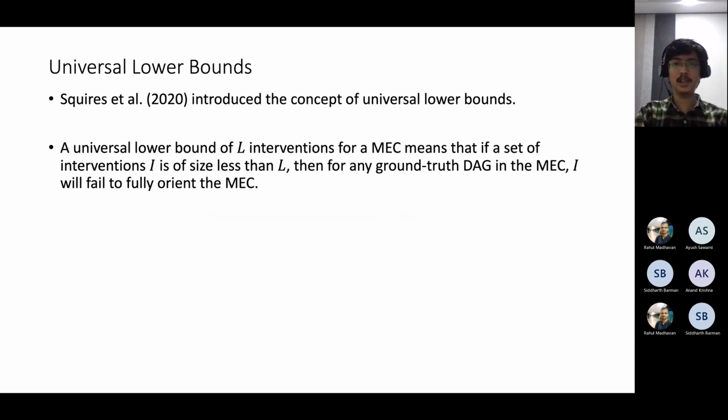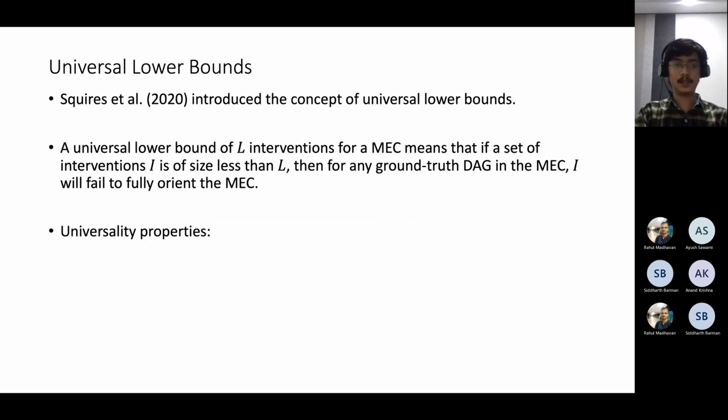So if there is a universal lower bound of L interventions, then even if we are given a DAG and someone asks us to give an intervention set that will learn the edges of this DAG starting from its MEC, even then size L interventions would be required.